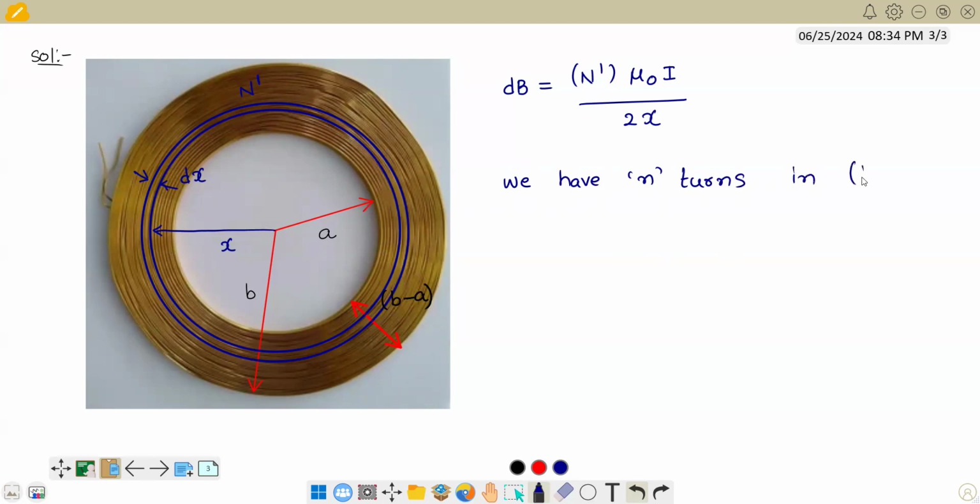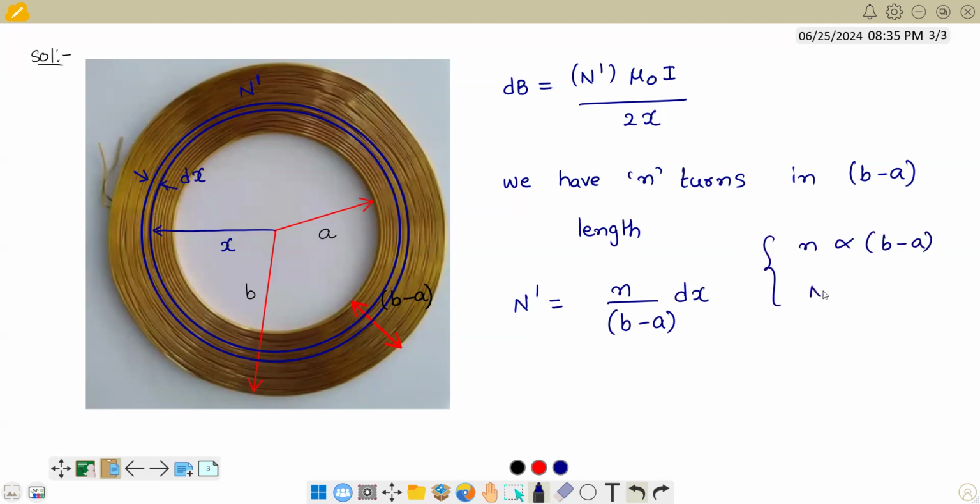So in B minus A length we have n turns, and the question is, how many coils would fit in this dx length? If n is proportional to B minus A, n dash would be proportional to dx. Dividing both of them, we can simply write n dash equals n by B minus A into dx.